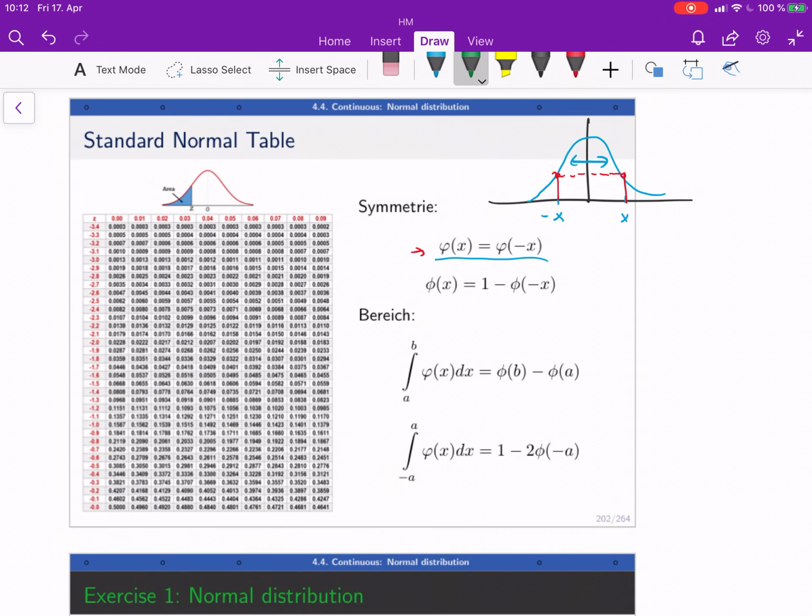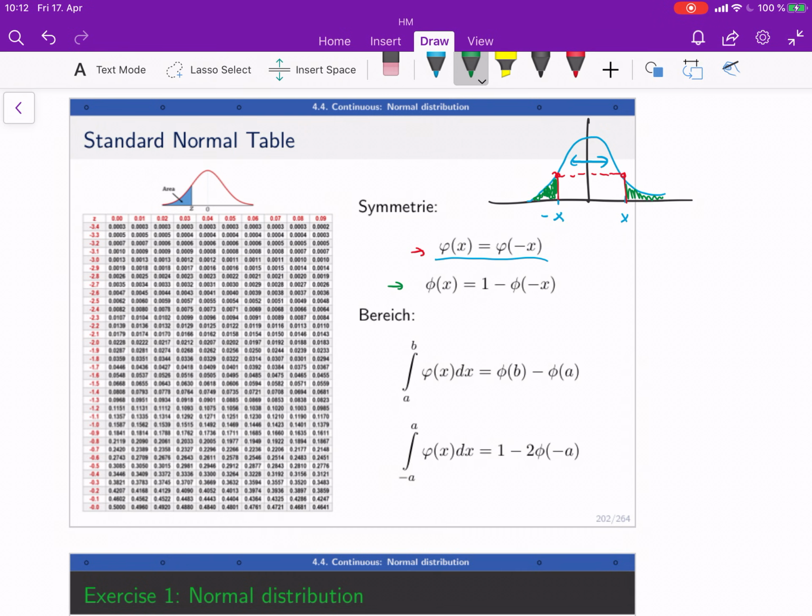If you look at the CDF, the cumulative function, then this area here is the same as this one up here, because it's also mirrored.